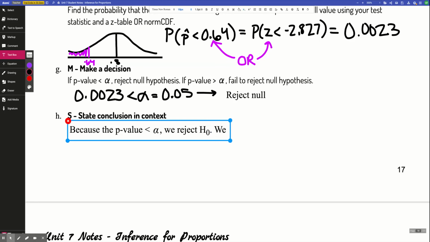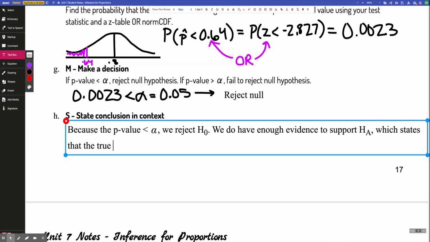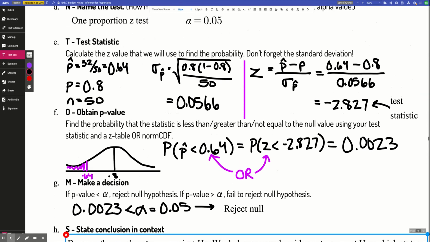We do have enough evidence to support the alternative hypothesis, and then you need to state what that is, which states that the true proportion of free throw shots made is less than 0.8. So that is an entire hypothesis test worked out.